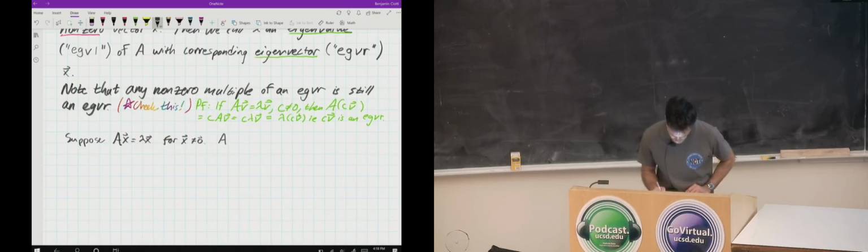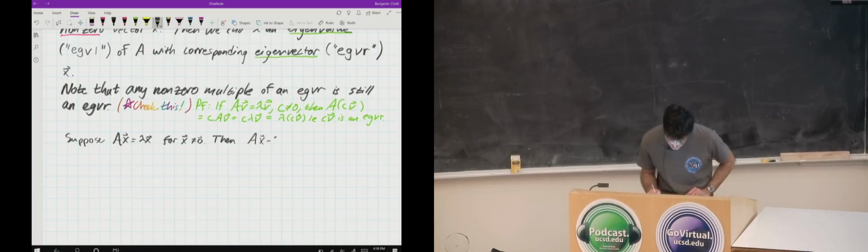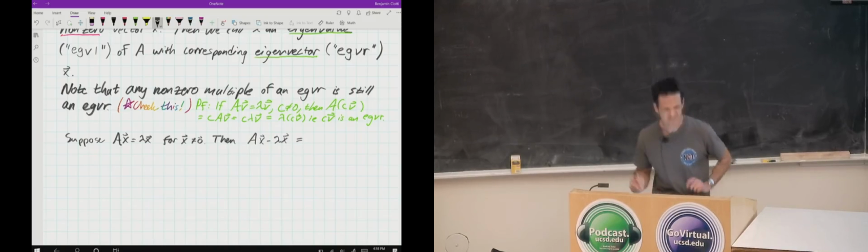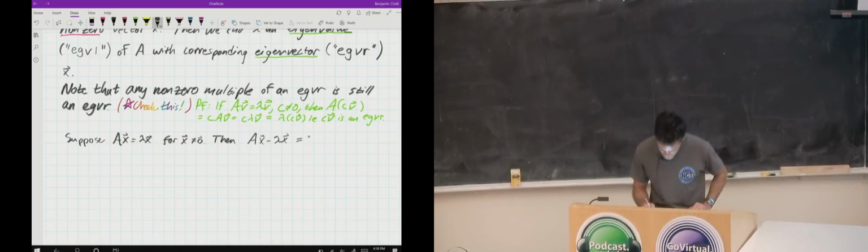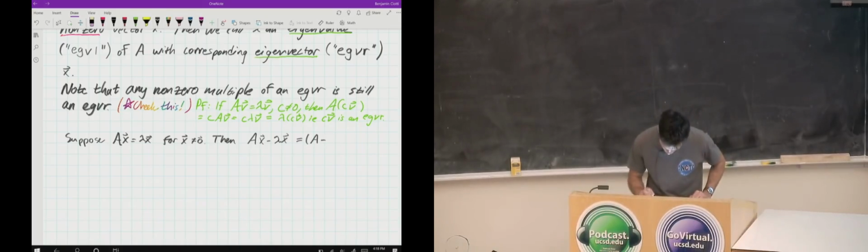Then I can rewrite that equation by moving all the terms to the left-hand side, and I can even factor out the x if I replace the lambda with lambda times the identity.